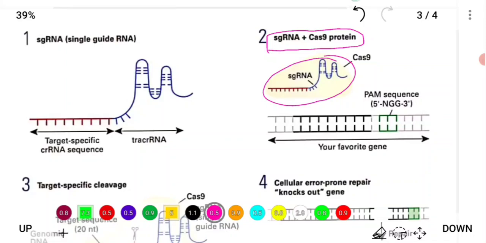Suppose from the sickle cell patient, we isolated the bone marrow stem cells, and in those cells we are doing the genome editing. The CRISPR complex will enter those blood cells and then it will start searching for the mutant HBB gene.